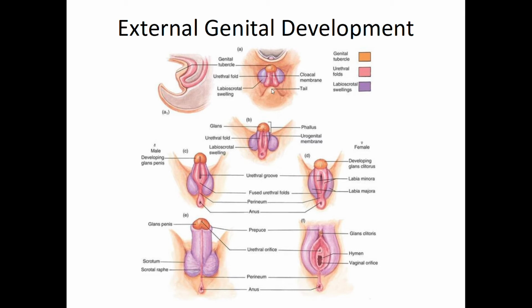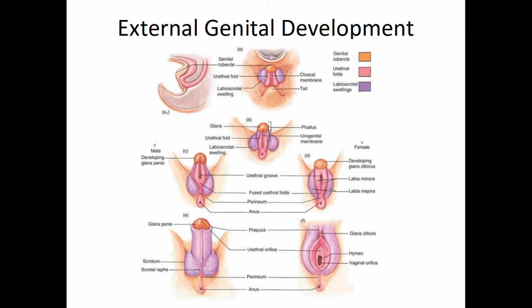In most vertebrates, that would develop into a full tail. In us, of course, that tail goes away. It's reabsorbed back into the body during development. And so this is the same basic set of structures, regardless of whether this embryo eventually develops into male or female.